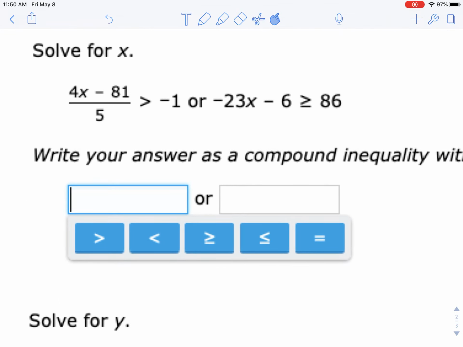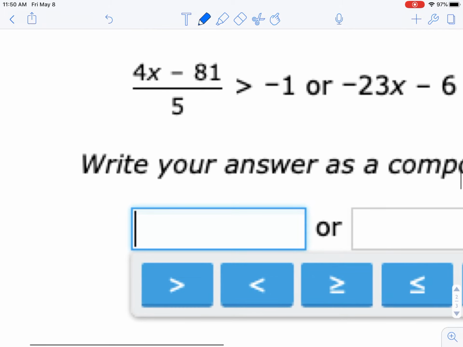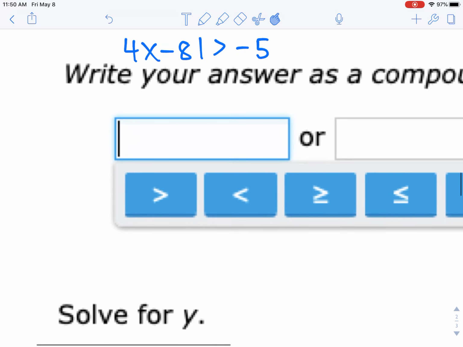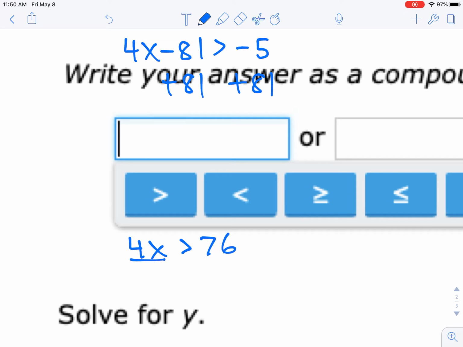Okay, so this is an OR, so it's just two separate. So we times by 5 first. Add 81. And then divide by 4.